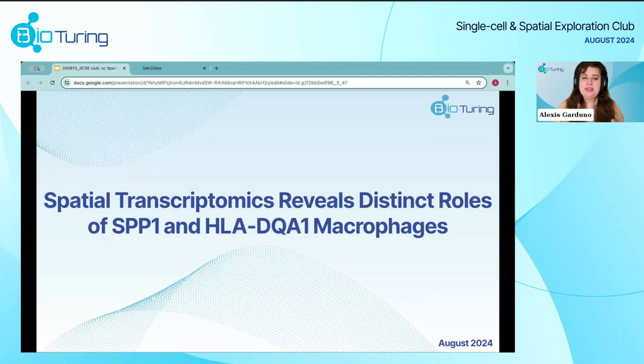Today, we'll delve deeper into that knowledge and into the functional differences between SPP1-high and HLA-DQA1-high macrophages, and how this data can provide new insights into tumor progression.